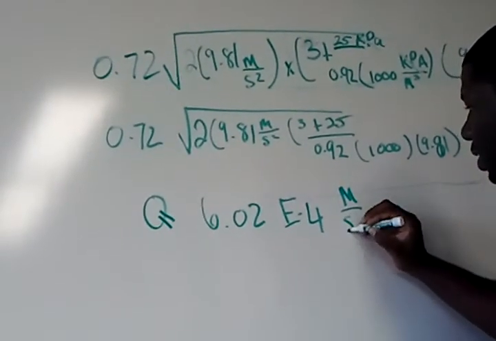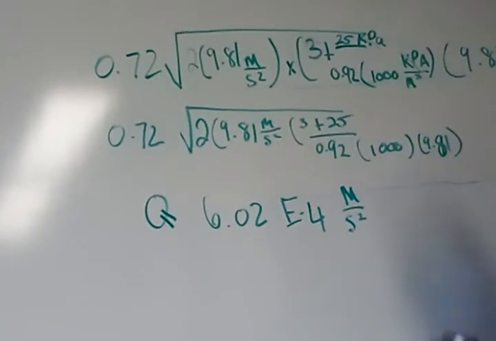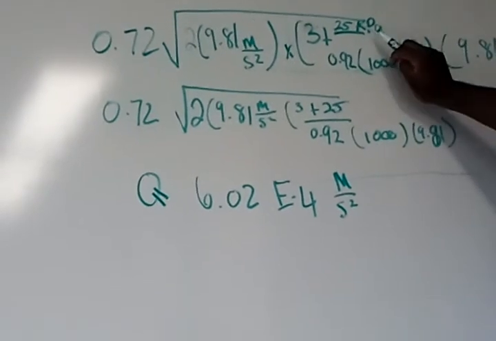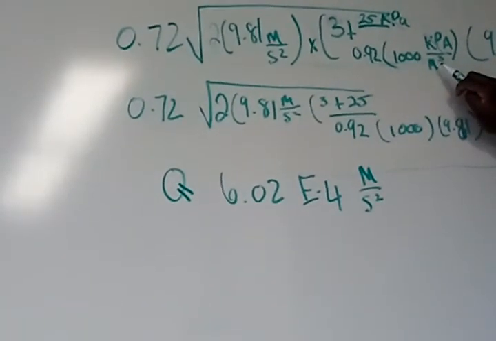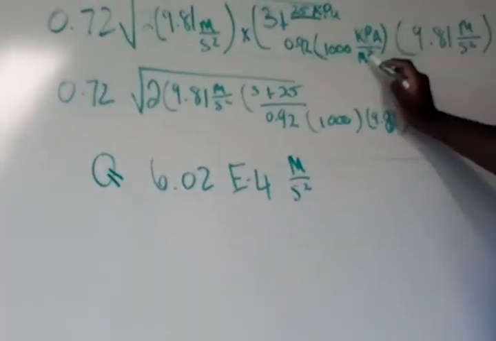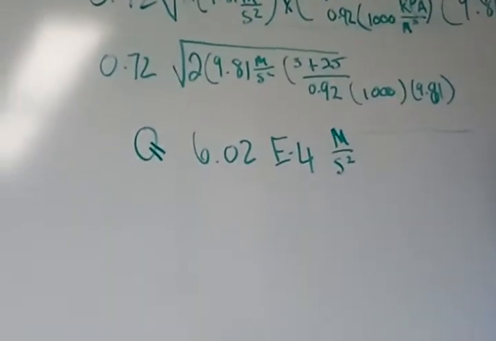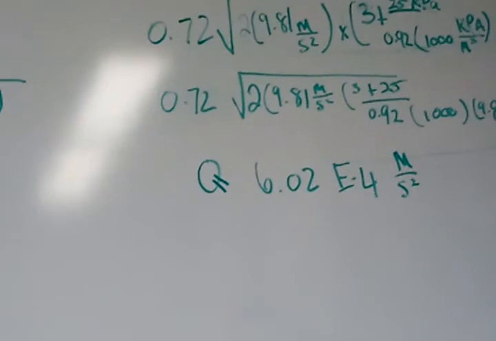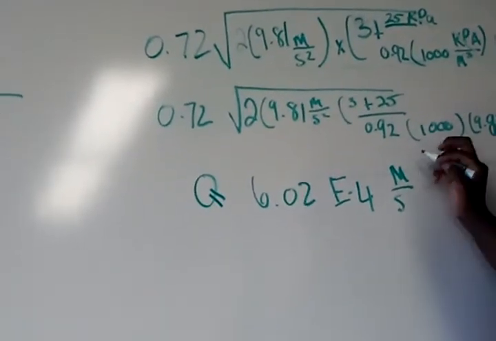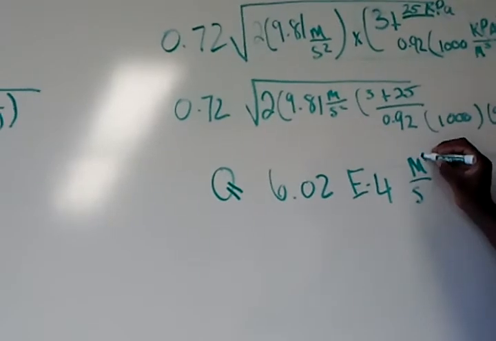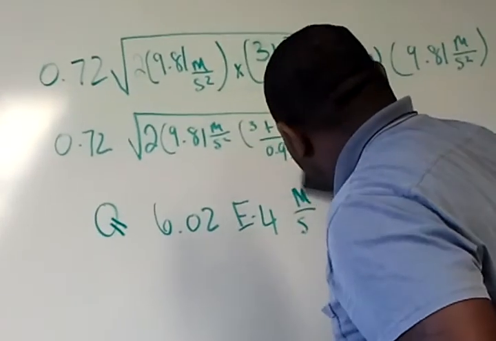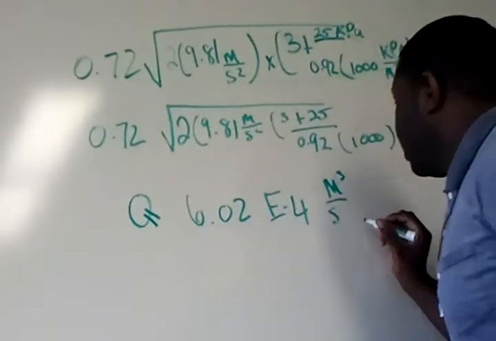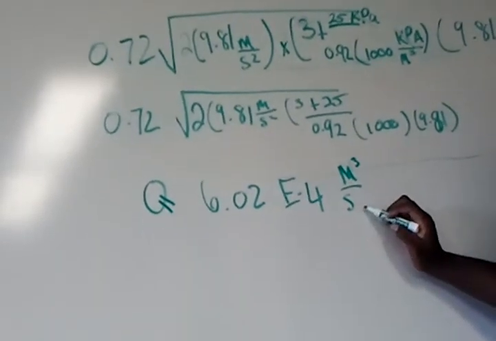If you refer back up to here, we knocked some of the kilopascals out of each other and were left with meters per second squared. We had a meters cubed, and with exponential values there's an invisible 1 there. We can get rid of the meters per second squared and say meters cubed per second.